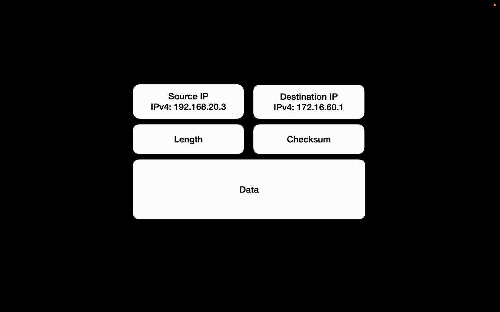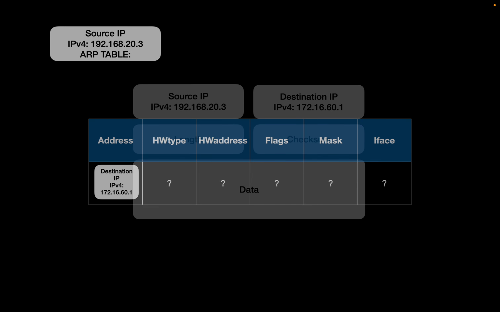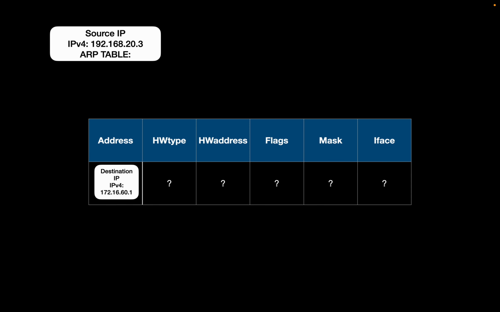Here we have a basic IP package, where we can see that we have the source IP and the destination IP of the two clients that we have in our communication here. So this is important information because this is what we're going to be looking at when we are considering a man-in-the-middle attack. It is important to have these IP addresses because the IP addresses tell us ultimately who we are trying to send a package to on the network.